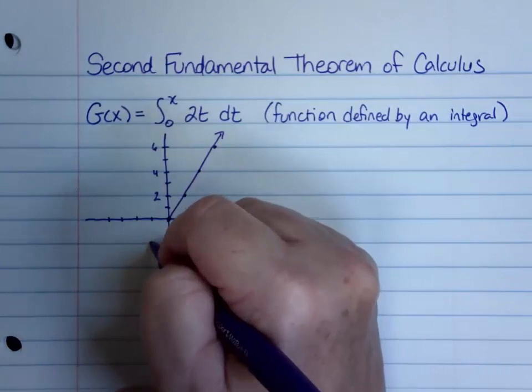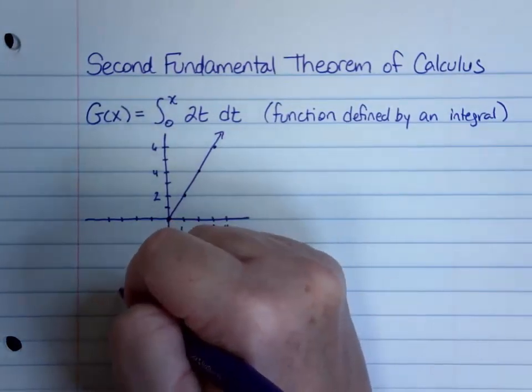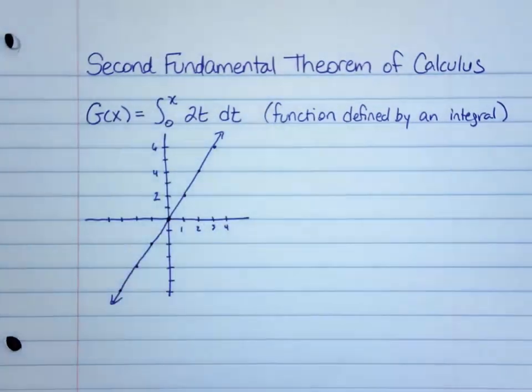And then also do the same thing in the negative direction. So what we're going to do is plug in values for x, and we're going to see what the pattern becomes in y. Okay?